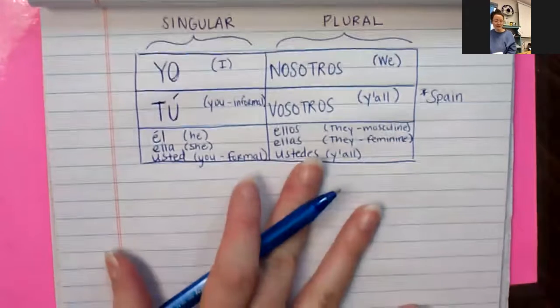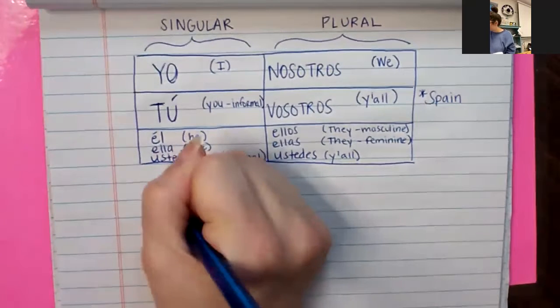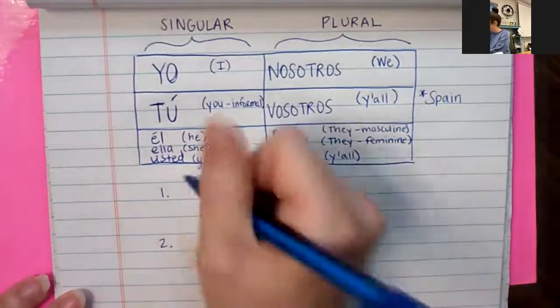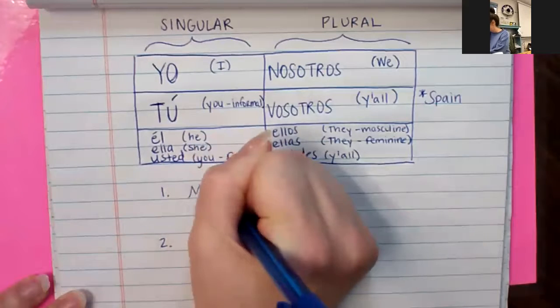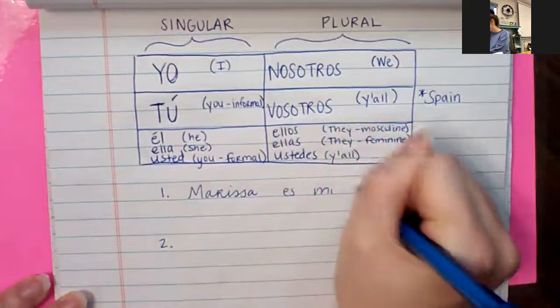Okay. So we'll do 1 and 2, just like we did earlier. So we have Marisa es mi amiga.